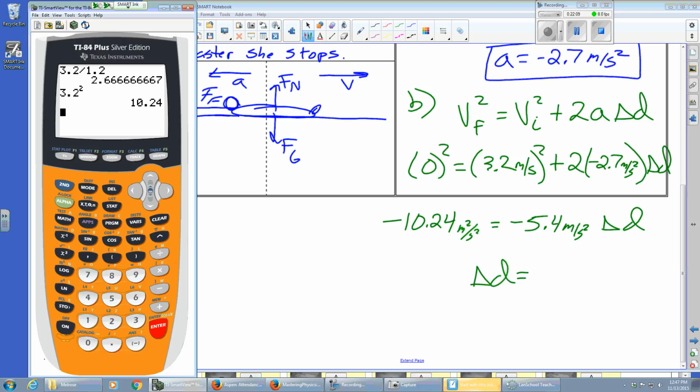oh, wait a minute. Maybe I shouldn't use the 2.7, because that's a lot of rounding, isn't it? What should I use rather than 2.7? 2.6666. So if I have it in my calculator, I should probably use that.